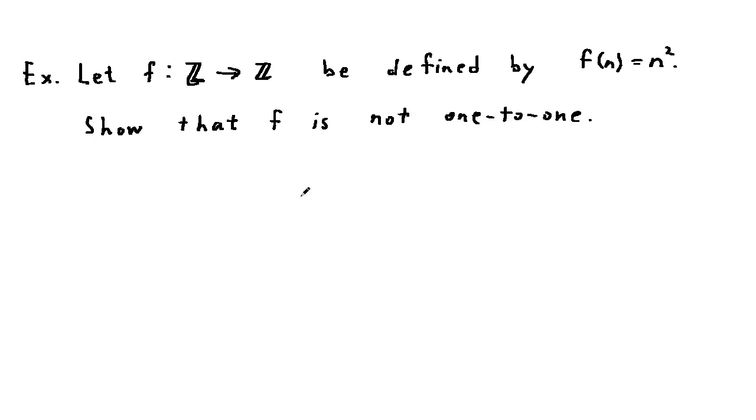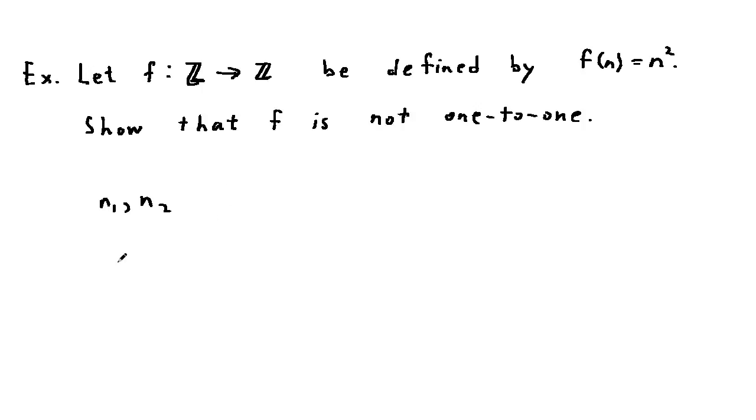Now for the next example, let f from Z to Z be defined by f of n equals n squared. Show that f is not one-to-one. To show this, we just need two integers, n1 and n2, such that they both get sent to the same number.